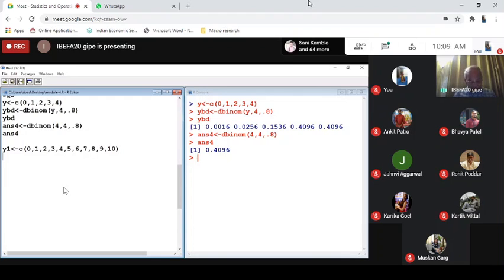So the probability distribution for this binomial variable, again, you can use D binom.